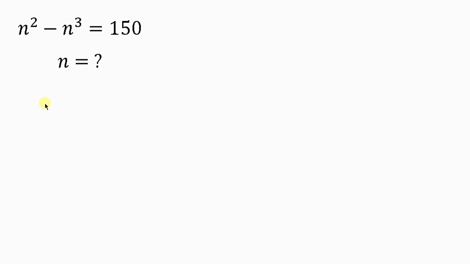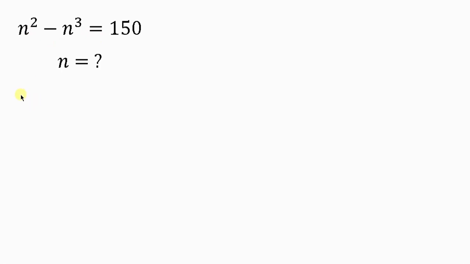Look at this nice and beautiful question on the board that we're going to be solving. The question says, find the values of n for which n squared minus n cubed is equal to 150. Our first step will be for us to move 150 to the left-hand side.